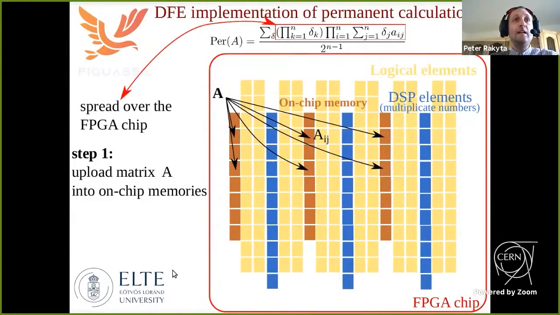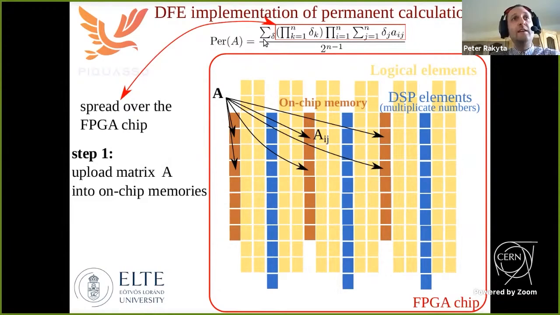And here is our implementation to calculate the permanent on these data flow engines. Here at the top is the expression we implemented, and the basic idea is that we have this red rectangled part of the expression, and we try to implement it so it can be calculated in each clock cycle tick.